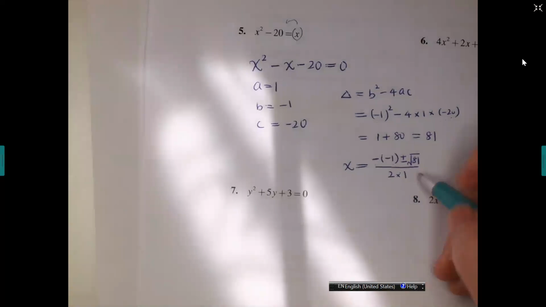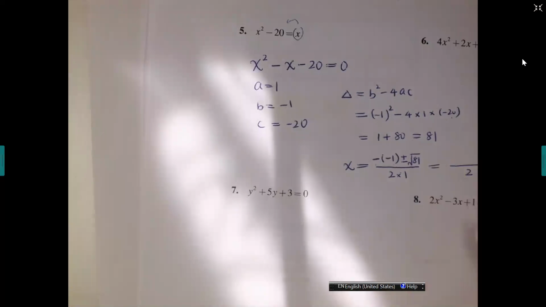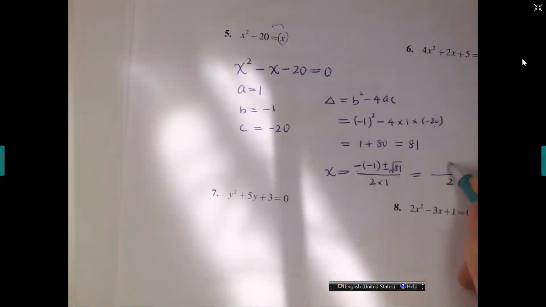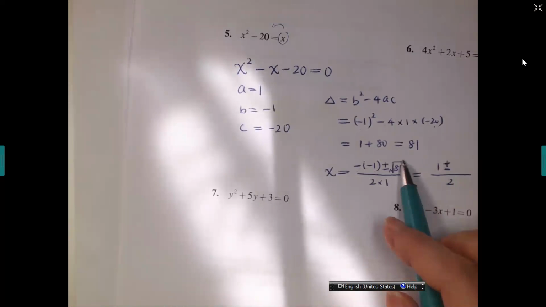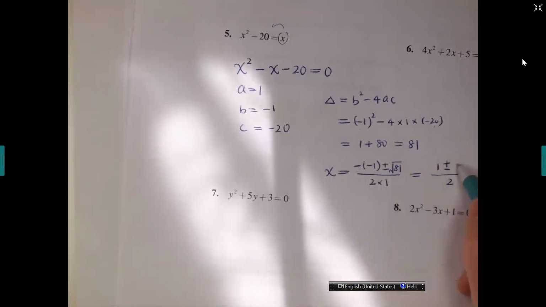Then try to simplify. So 2 times 1 is 2. Negative negative 1 is 1, 1 either plus or minus. What is the square root of 81? I hope you recognize 81 is a perfect square number. 81 equals 9 squared. Square root of 9 squared, that's 9.